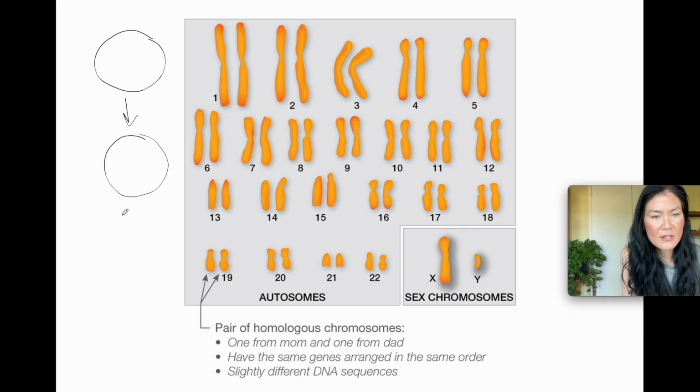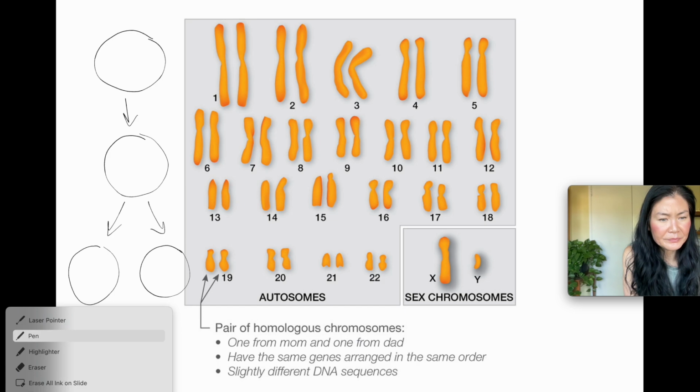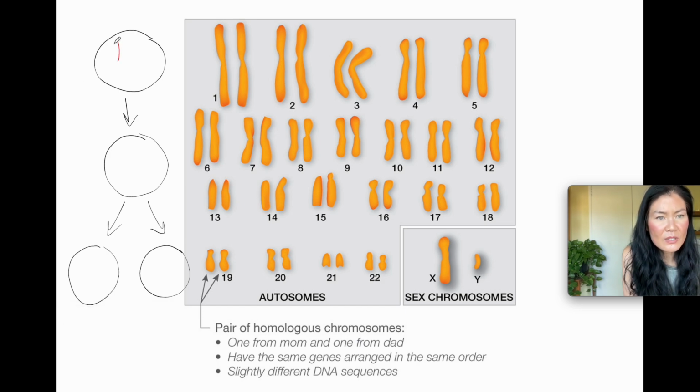I'm going to draw the cells splitting. So we have the mother cell, and it splits into what we call the daughter cells. Here's the chromosome from your mom. Here's the chromosome from your dad, okay? And then when the DNA gets copied in the S phase, let me get the red.